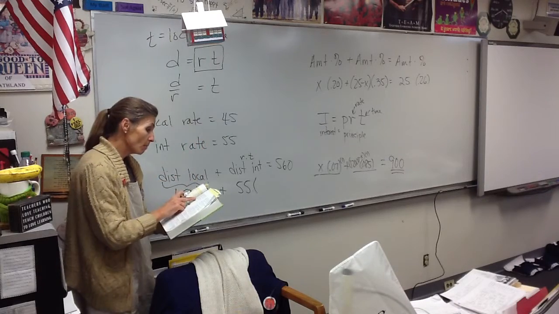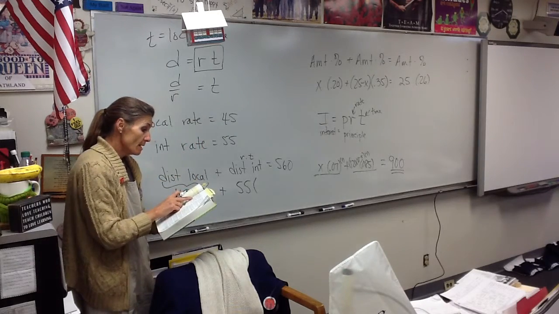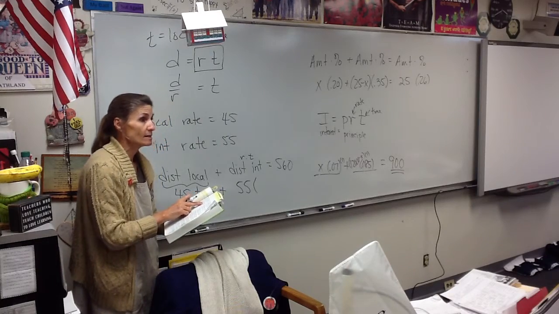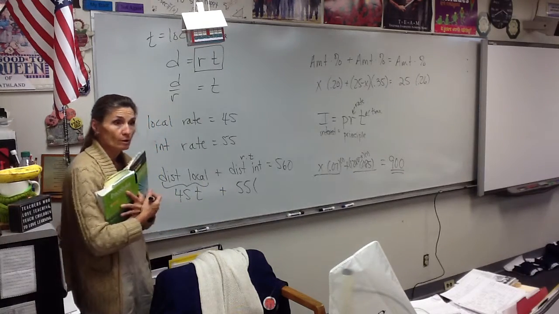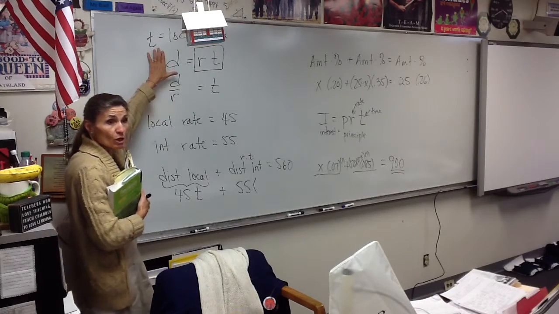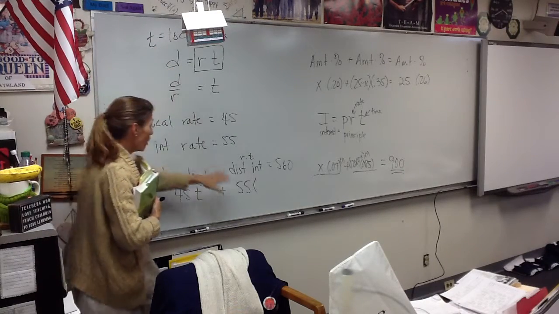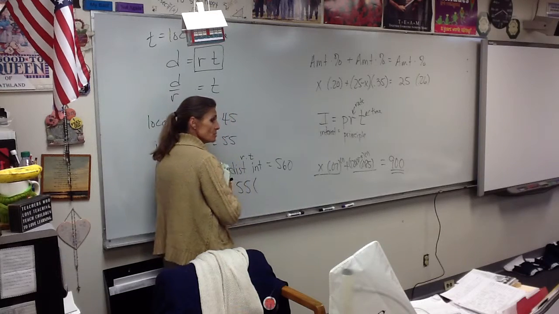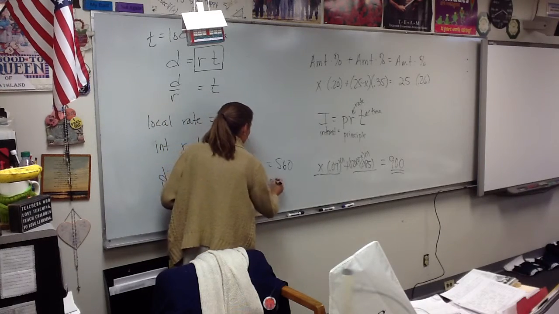Look back at the problem, what does it tell you? They spent 2 more hours on the interstate than they did on the local. So we said T was local. So what would interstate be? T plus 2.